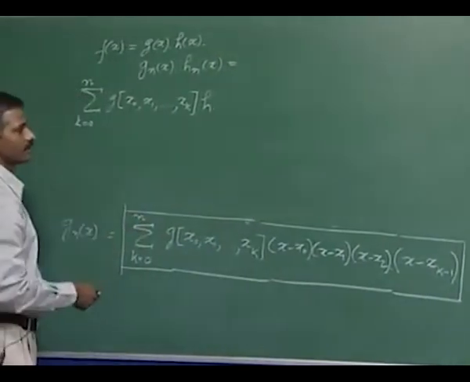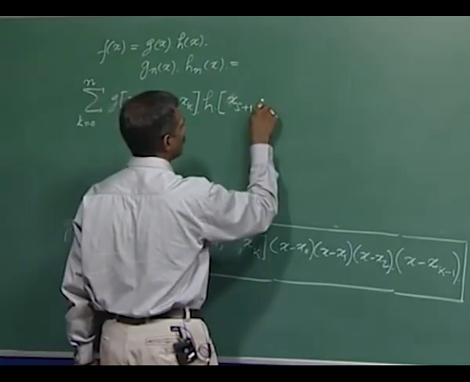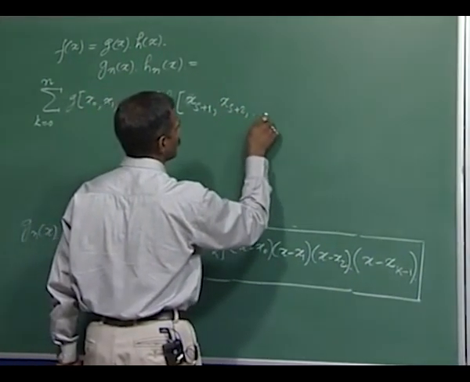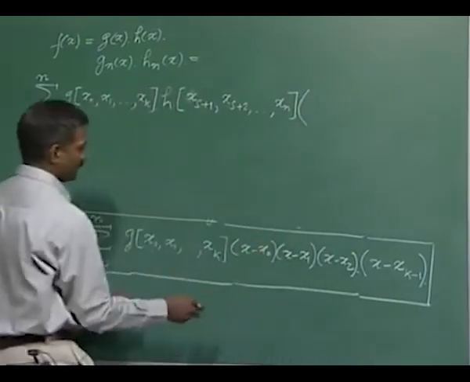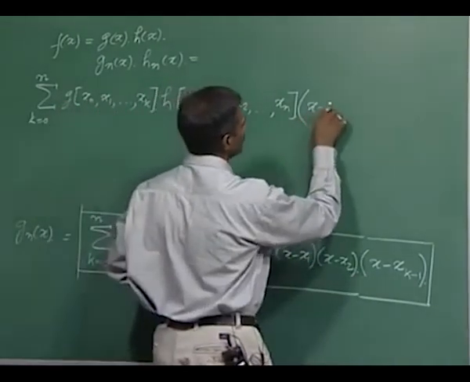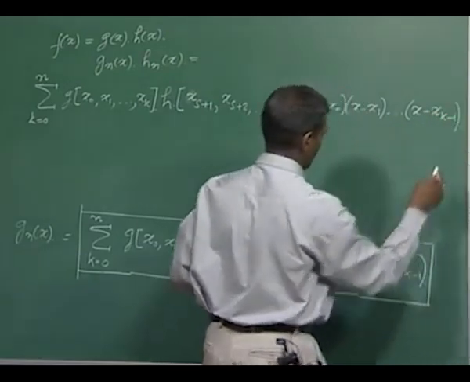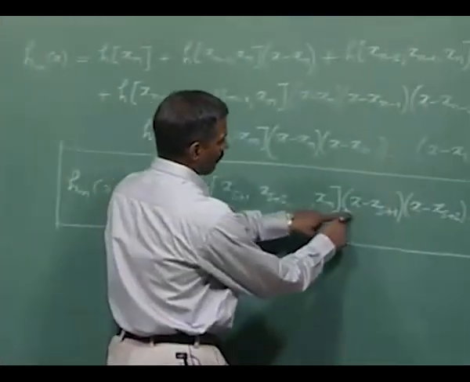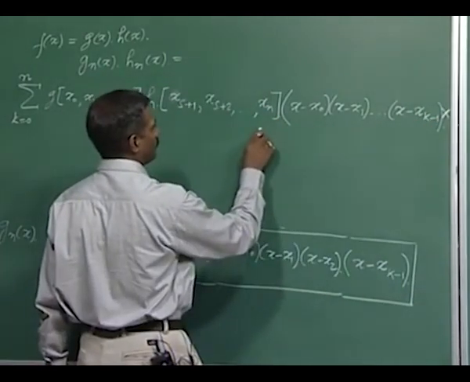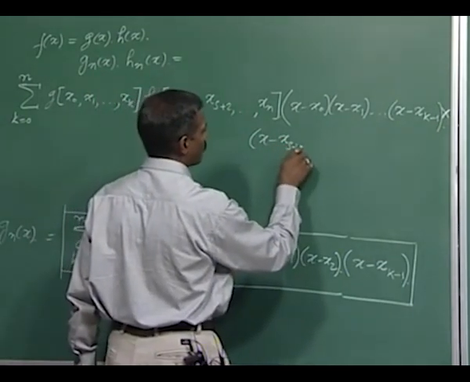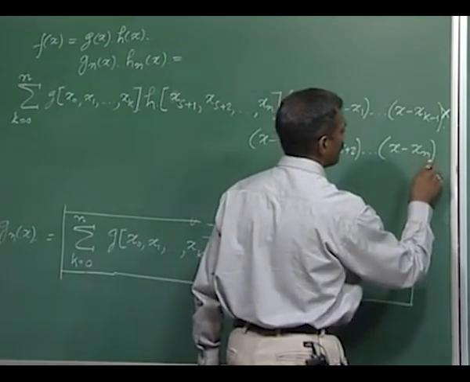So, I am rearranging terms: h of x s plus 1, x s plus 2 up till xn, times the expression involving the x terms x minus x0, x minus x1 up till x minus xk minus 1 from here, and again the expression involving the x terms from here times x minus x s plus 1, x minus x s plus 2, x minus xn.